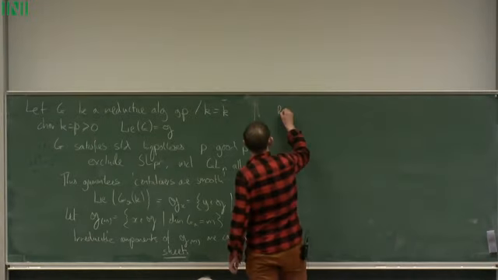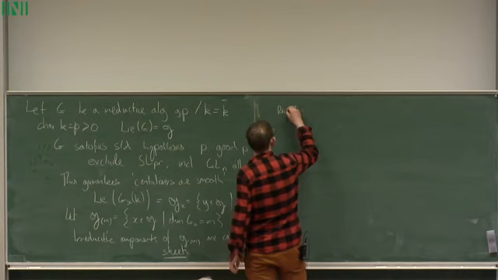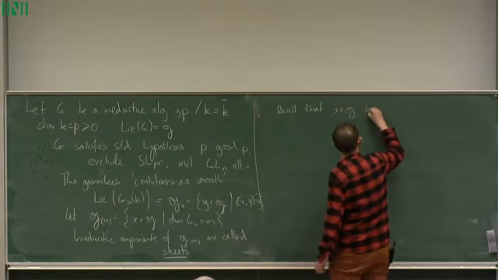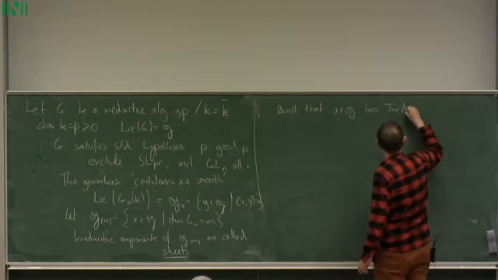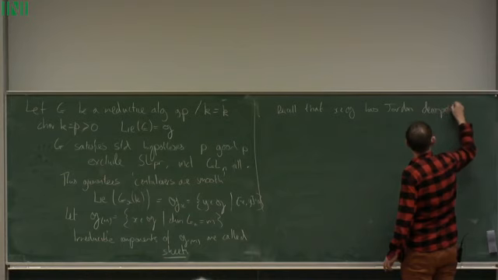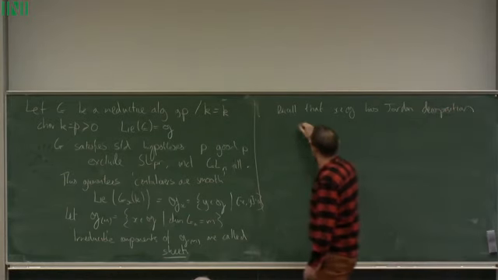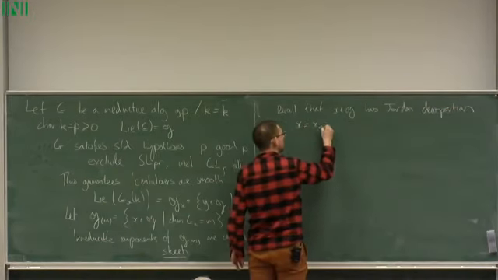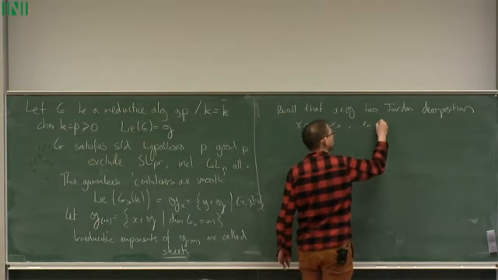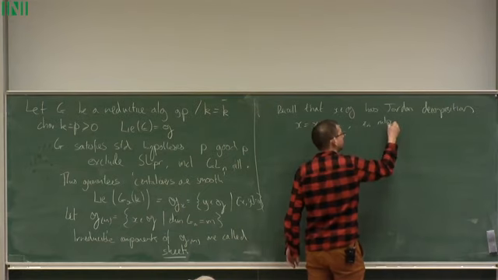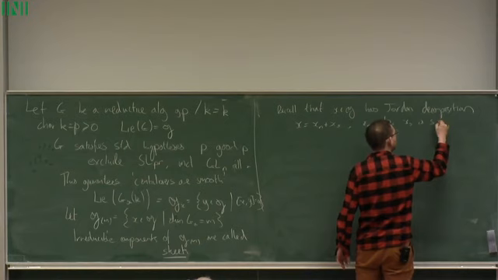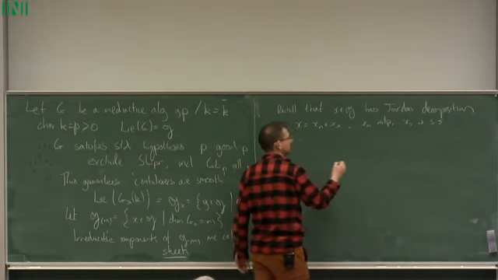Recall that X in 𝔤 has a Jordan decomposition, and I'll write it as X = x_n + x_s. So x_n is nilpotent, x_s is semi-simple, and they commute.